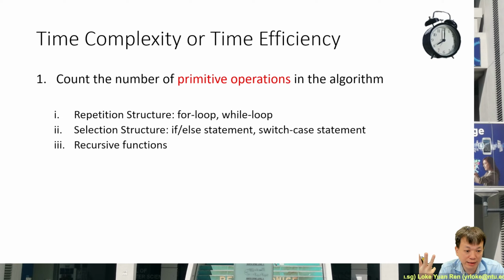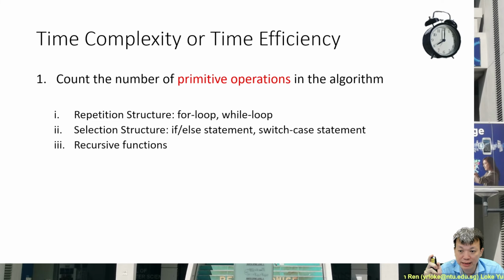Another one, the most difficult one I think, is the last one, the recursive function. If the algorithm you have is a recursive algorithm, then the time complexity is, as I said, the definition is the number of primitive operations of all the function calls you did in the recursive function. Yeah, we need to find out.